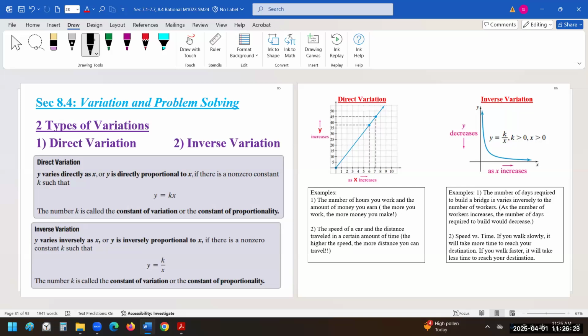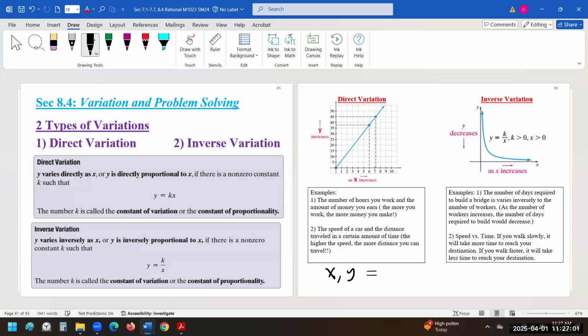So your number of working hours and the amount of money you have, they have a direct relation. It means when one thing is increasing, the other thing is also increasing. When one thing is decreasing, the other thing is also decreasing. So they have a direct connection. They call it a direct variation. And to represent the direct variation, we use a straight formula. Let's say X and Y are directly related.